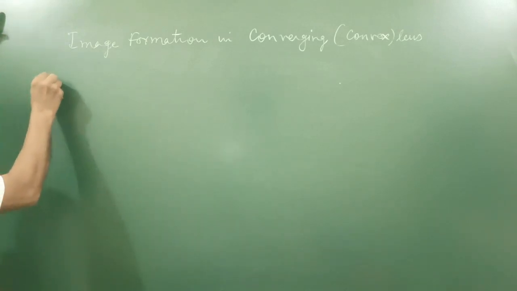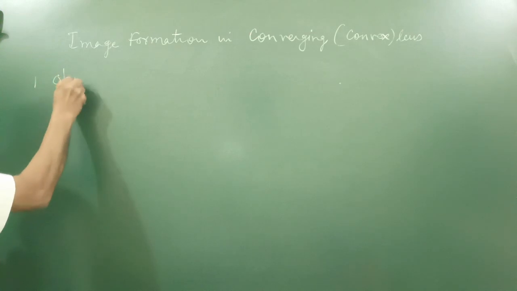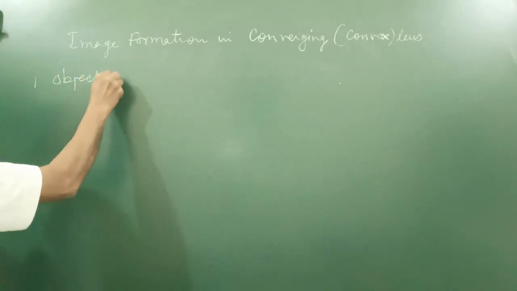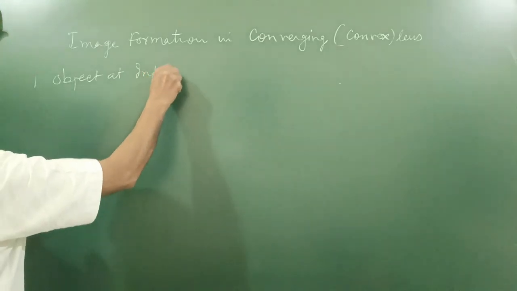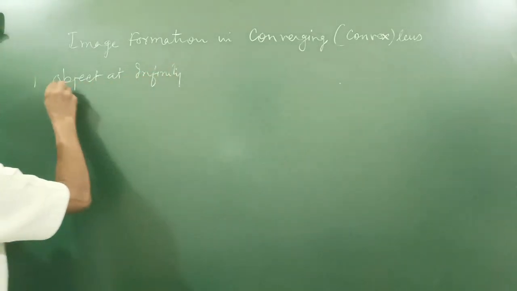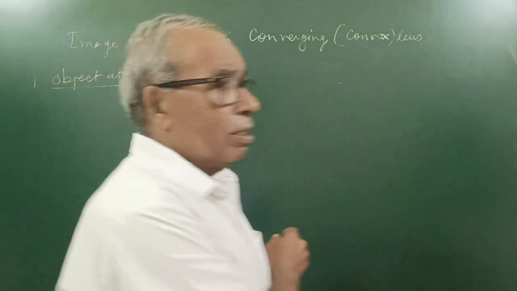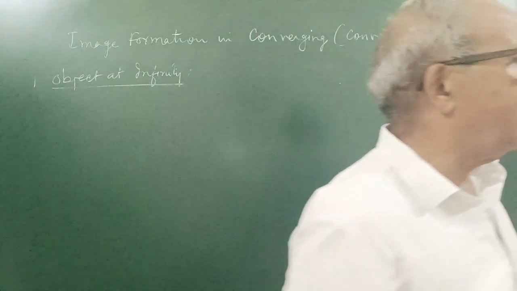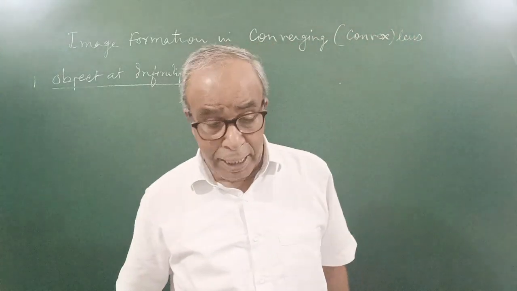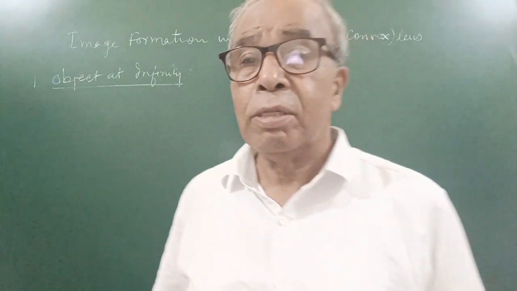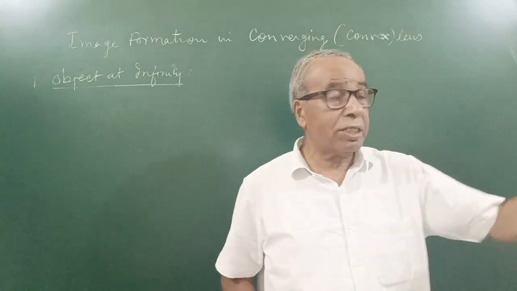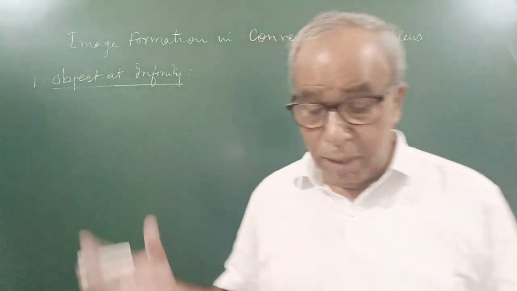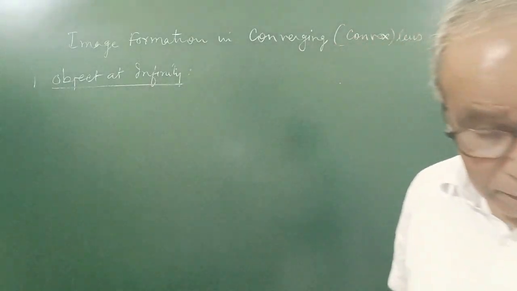Number one, object at infinity. Infinity means at a large distance, and the large distance may be any, like for a convex lens of focal length 10 centimeter, a distance of 5 meter may be taken as infinity.